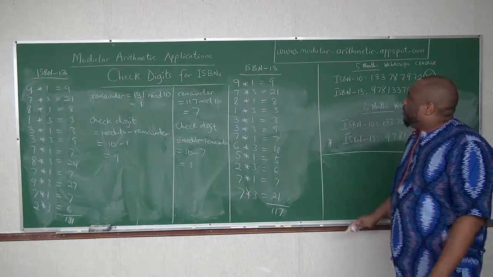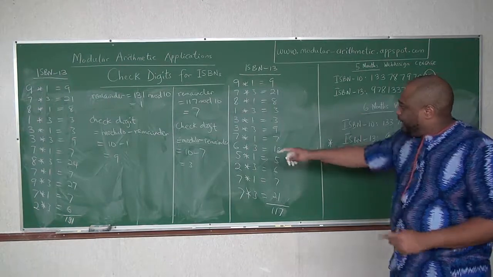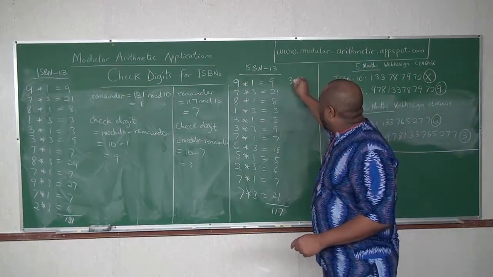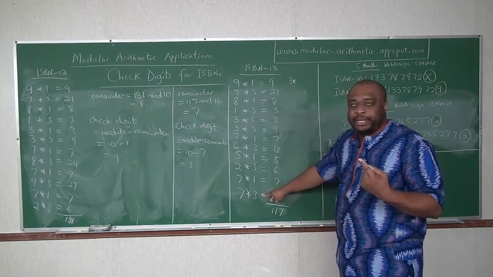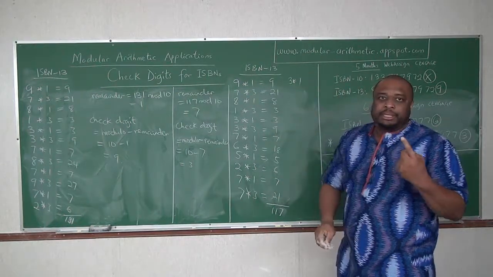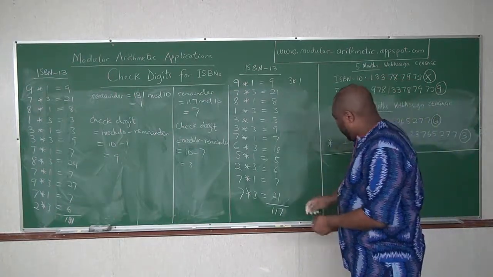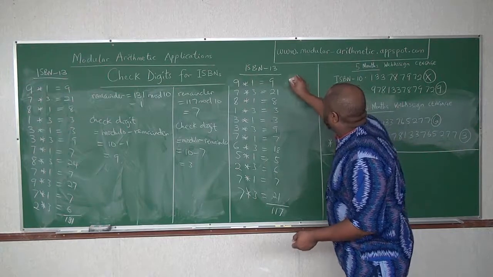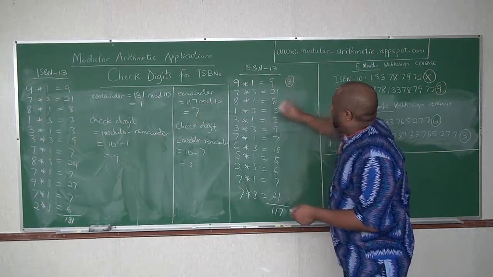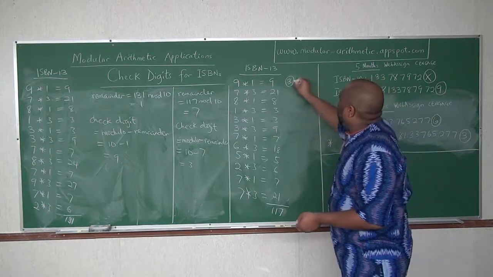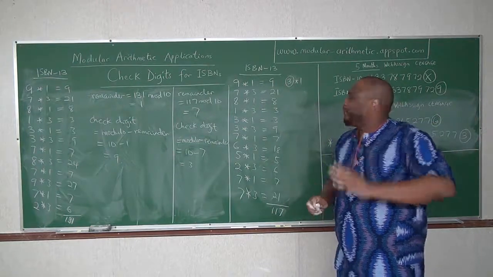Now, with the check digit, if we add the check digit 3, times, after 1, 3, the next one will be 1. This is the check digit here. You're just multiplying 1, 3, 1, 3, 1, 3, 1, 3.